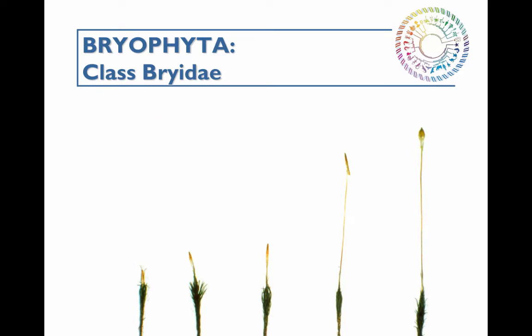Now in this photograph, I'm looking at 5 different developmental stages in the formation of the sporophyte. So at the bottom here, this green structure with the leaf-like organs, of course, represents the gametophyte. And here we have the sporophyte growing from where the archegonium was at the apex of that stem.